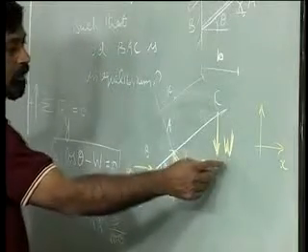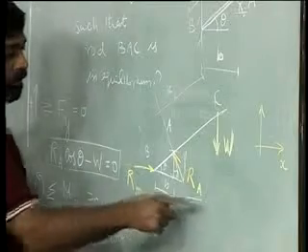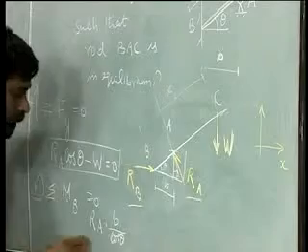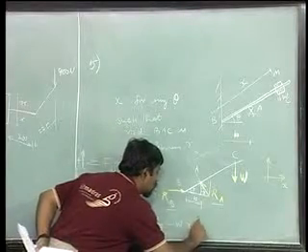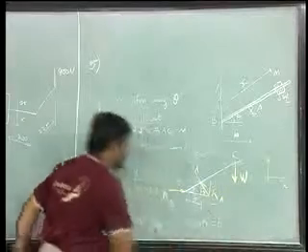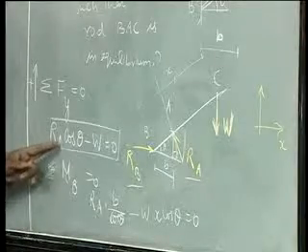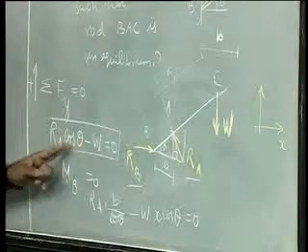The other is W, which is acting vertically this way, and therefore this total length, which is X cos theta. So minus W X cos theta is equal to 0. But I already have RA in terms of W from this, which is RA is equal to W by cos theta.